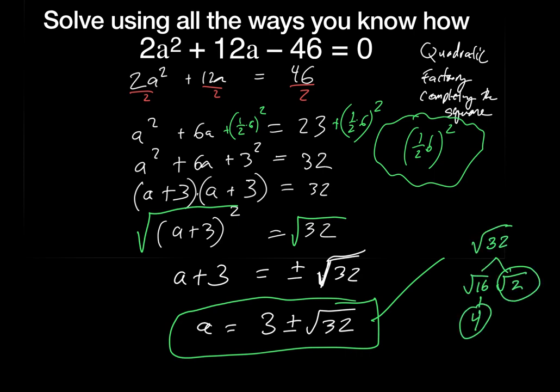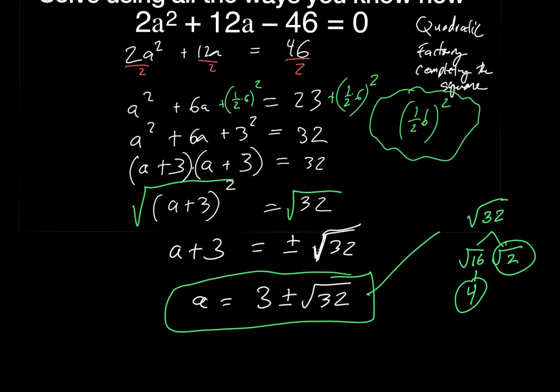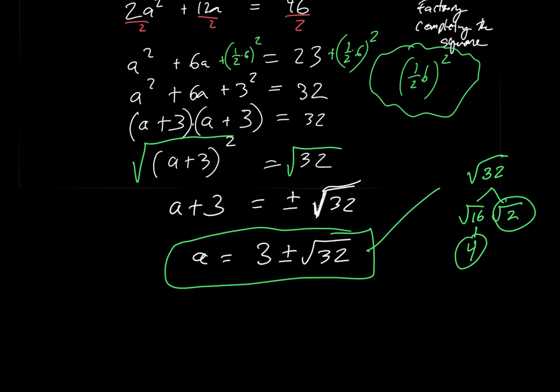I know the square root of 16 is 4. 2 is prime. So I could rewrite this answer as a equals negative 3 plus or minus 4 square root of 2. And there's two answers there, right? It's negative 3 plus 4 times the square root of 2, and negative 3 minus 4 times the square root of 2.